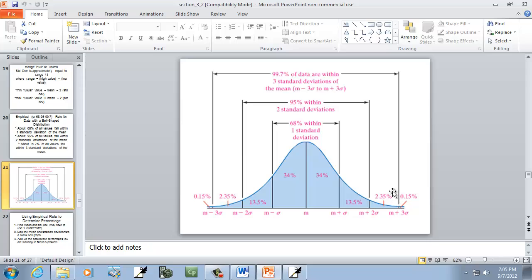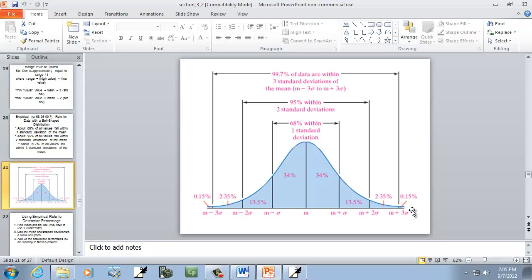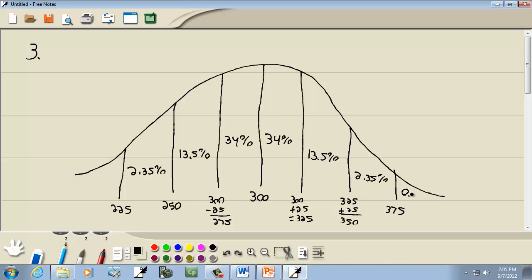The next ones are 2.35%. And this is symmetric, so as this is 2.35, this has to be 2.35. And then our last one is 0.15, and then this would be 0.15%. Okay, so we got our picture.